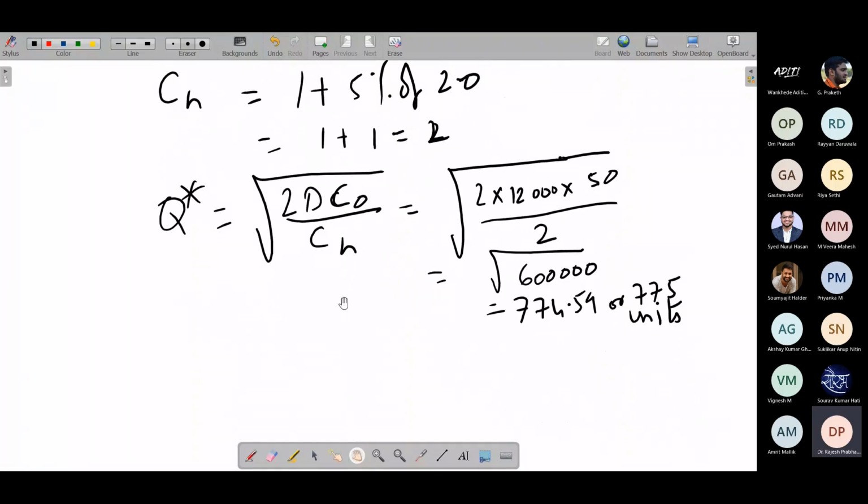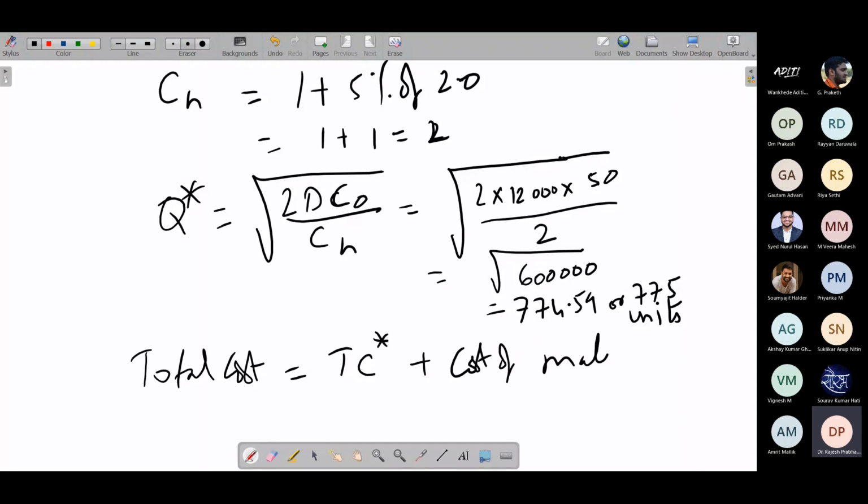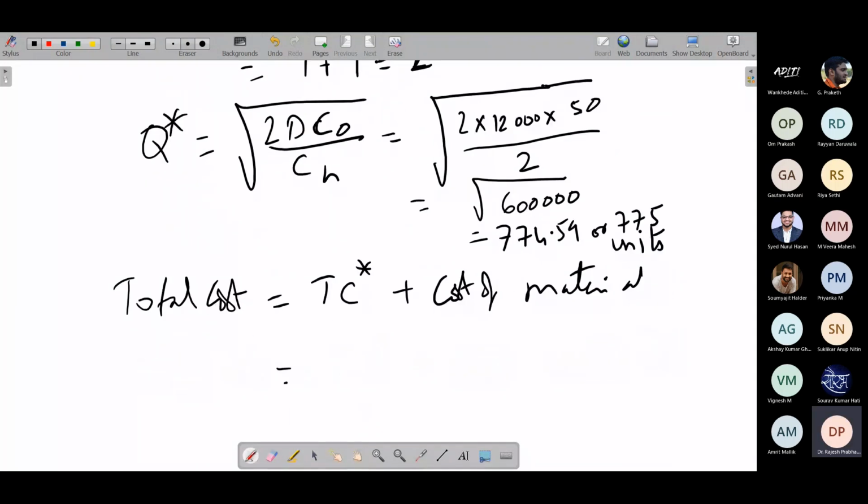Next, we have to calculate total cost. Total cost is equal to TC star plus cost of material. TC star is root of 2 into D into CO into CH, plus cost of material, which is 12,000 units into 20.